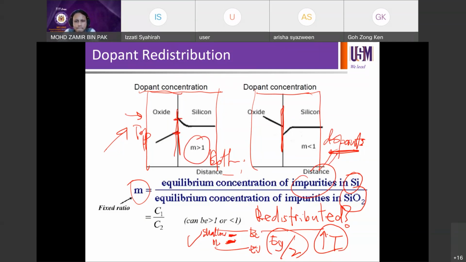On the other hand, on the right, the dopant concentration in silicon at the interface is lower than the concentration in the oxide. So that's why you get M less than 1. That's given by C1 over C2, so silicon on top, numerator will be silicon, denominator will be oxide.